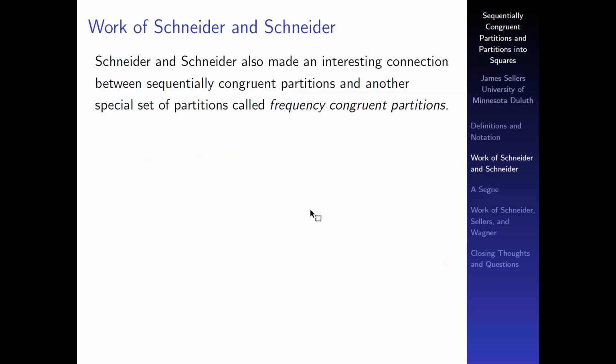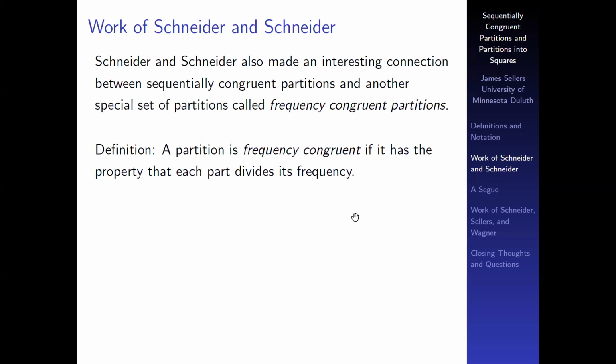Okay, so the two Schneiders also showed an interesting connection between sequentially congruent partitions and what they called frequency congruent partitions. So let me define those quickly. A partition is frequency congruent if each part divides its frequency, which serves as the superscript in frequency notation.